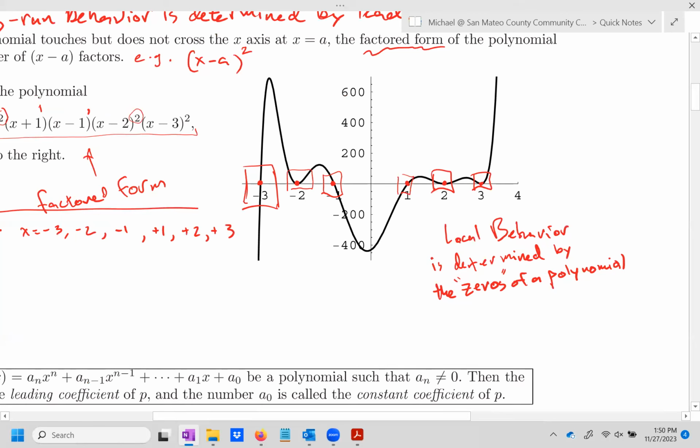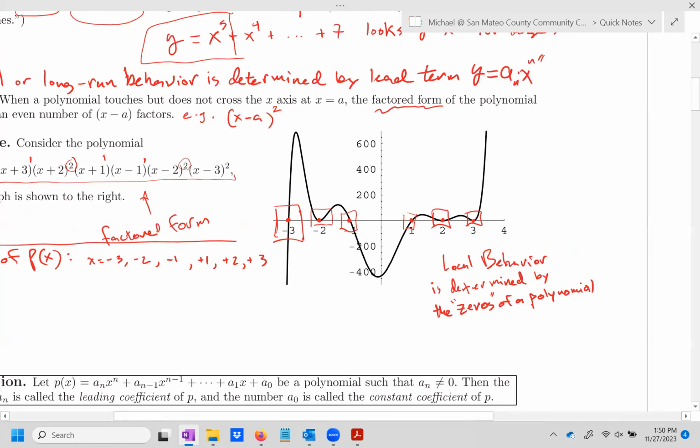Meaning, if I zoom in on a polynomial and I see what's happening at its zeros, we call that local behavior, like really zoomed in. Okay? Global behavior, now let me ask you this.